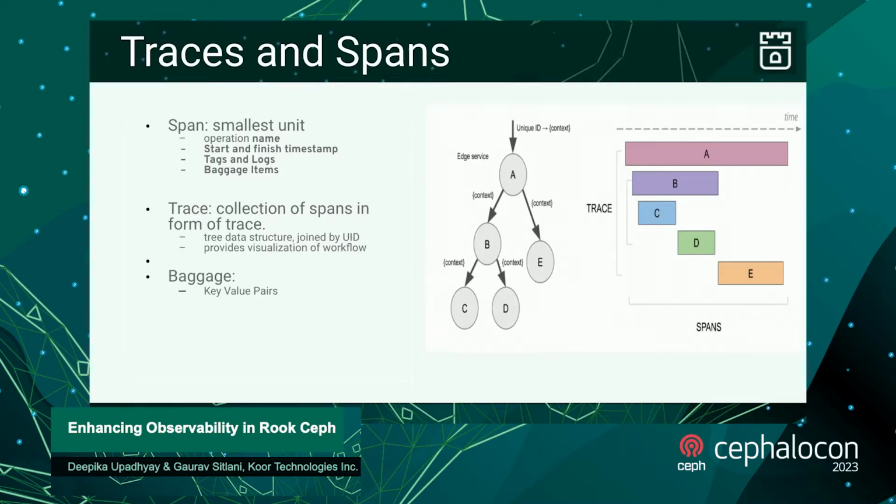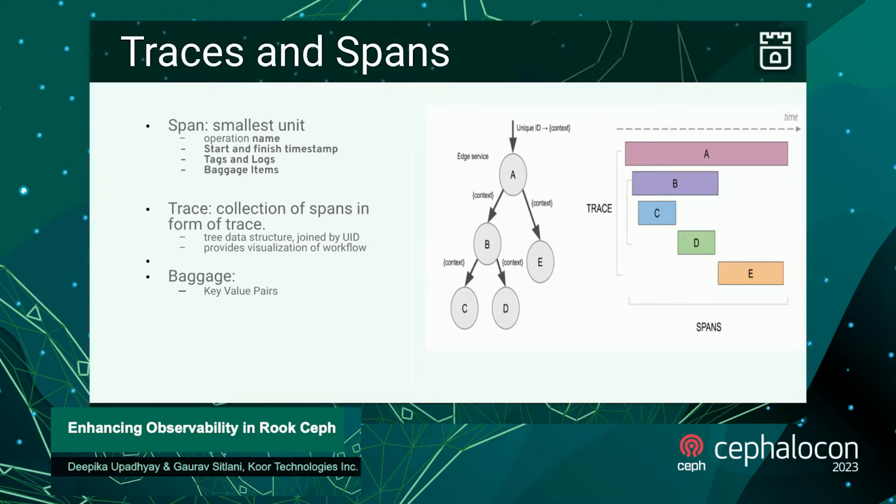These have unique identifiers, and how we write the code is, if node A acts as a parent to B, we mention its context ID, basically that A is the parent of B, and it flows from there.